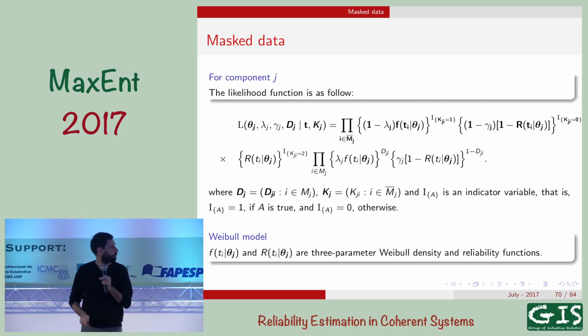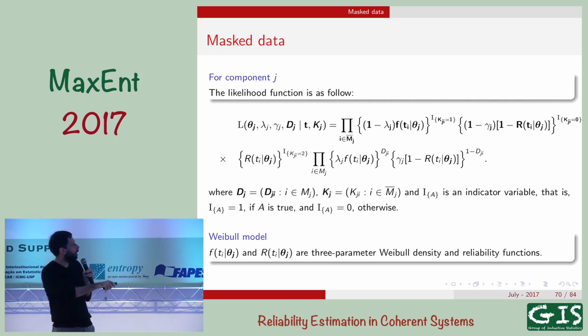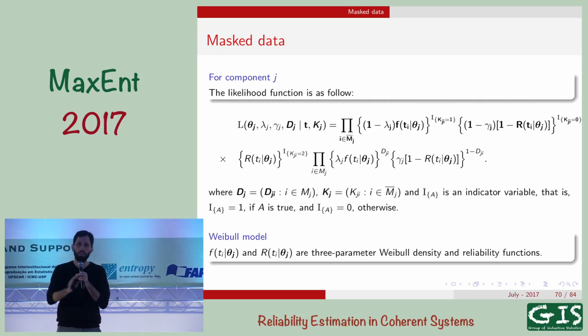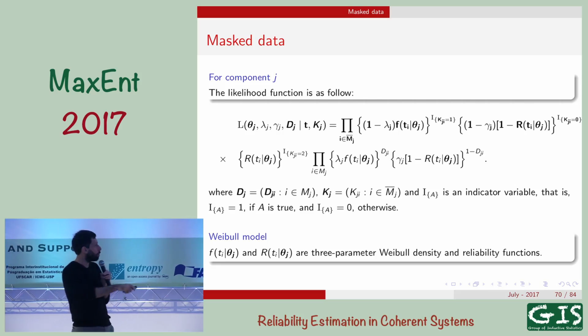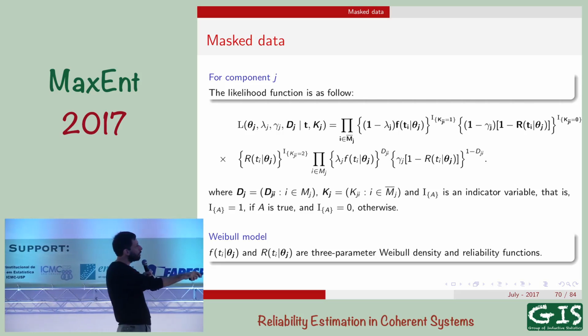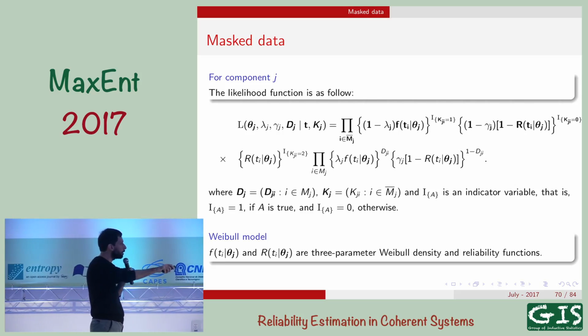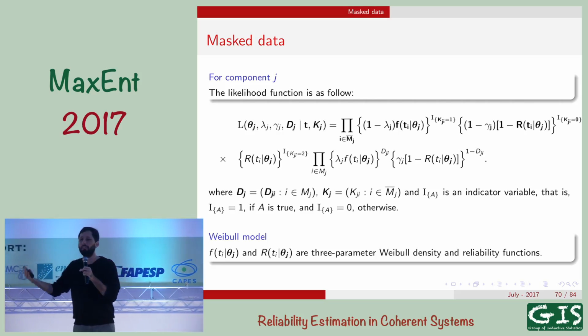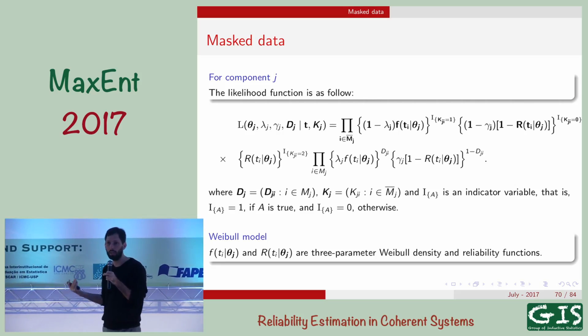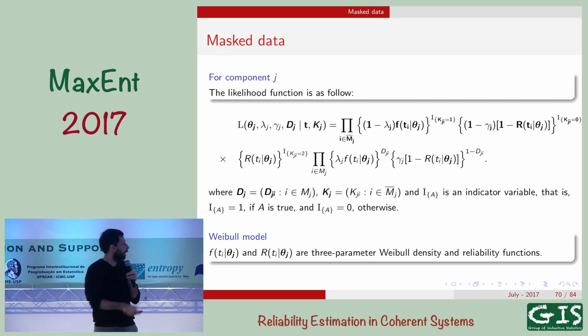What does this mean? Our likelihood is quite similar to what we had before. There are some changes, but where we knew if it was sensor or not sensor, now we just need to add this, and when we have this latent variable, given this, we are in the same problem as before.